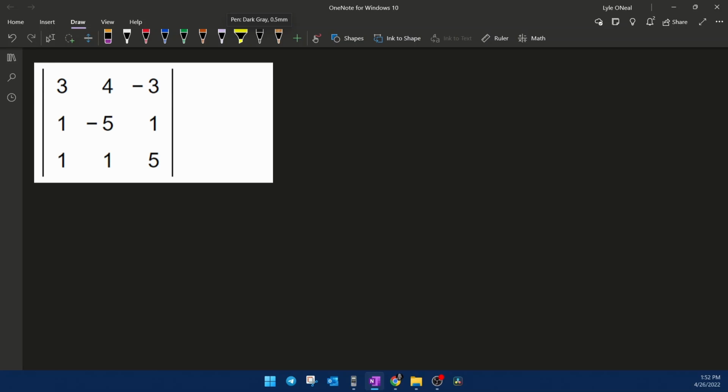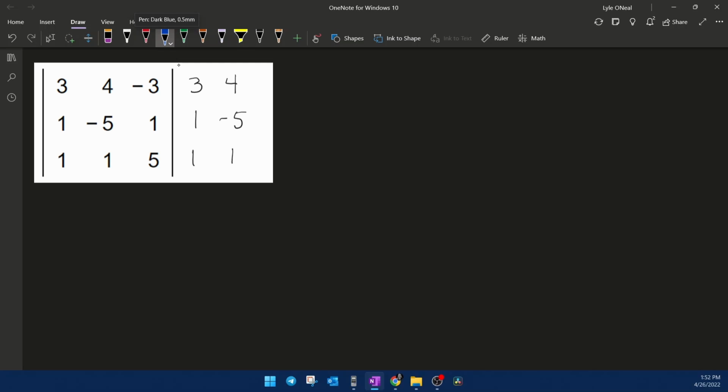So the first step in the shortcut says that we need to copy and paste the first column outside of the determinant, and then we need to copy and paste the second column again to the outside. And the only reason for doing this is that it makes the shortcut work. So that's step number 1, copy and paste the first 2 columns to the outside of the determinant.